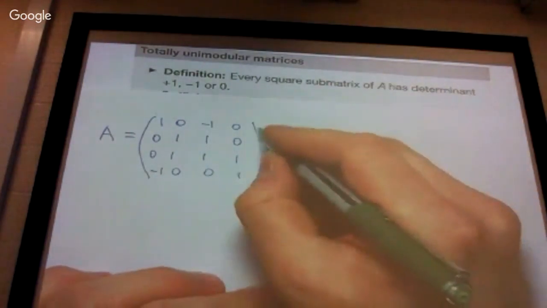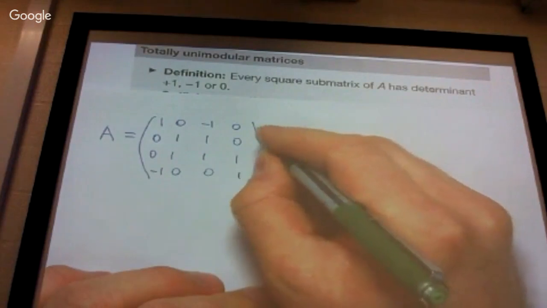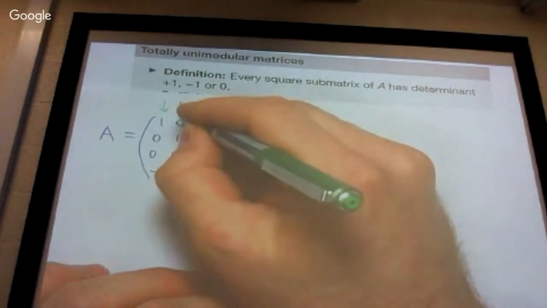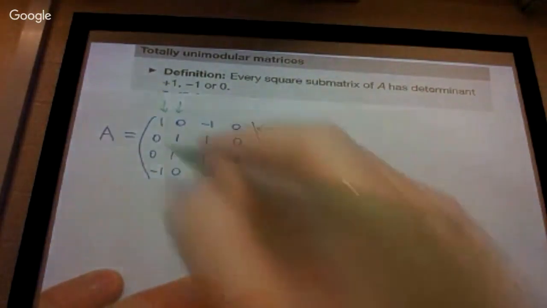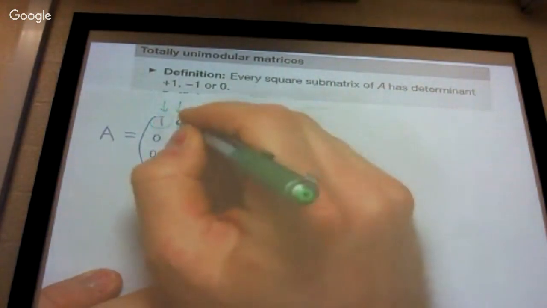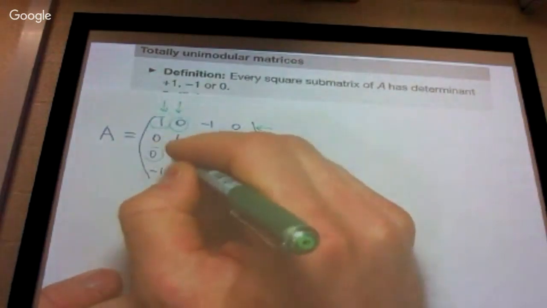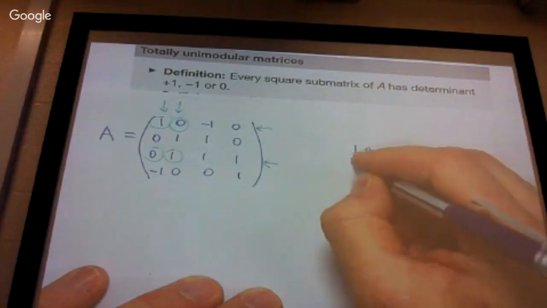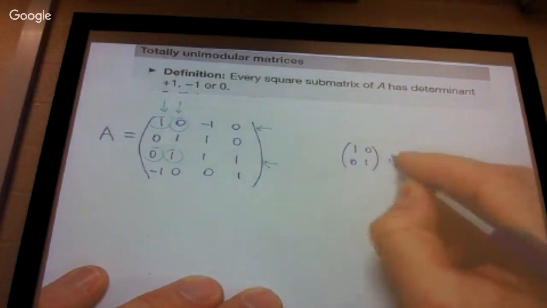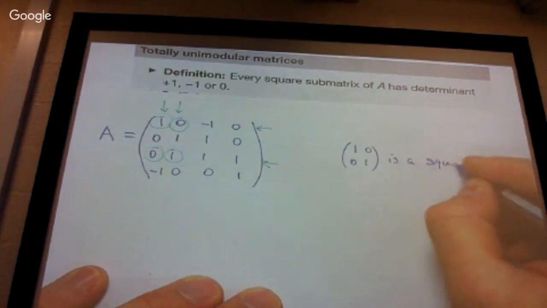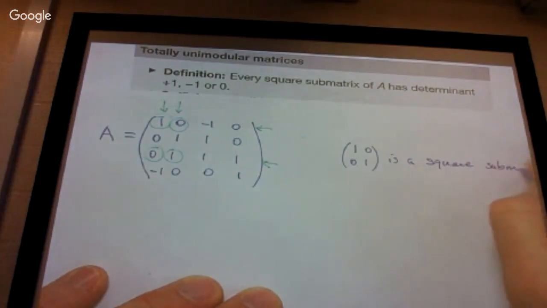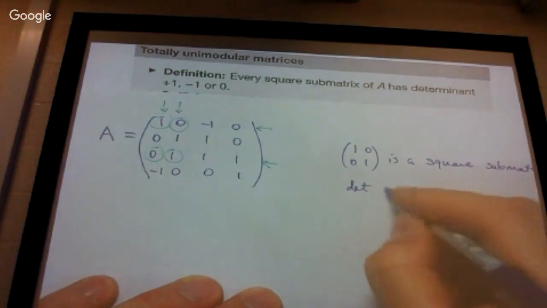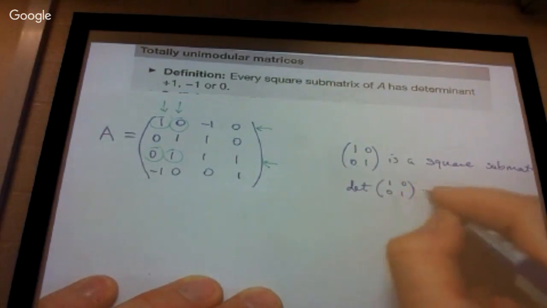So I choose any 2 rows, let's say this one and this one, and any 2 columns, let's say the first 2 columns. Where they intersect, I get a submatrix which is 1, 0, 0, 1, and its determinant is 1.